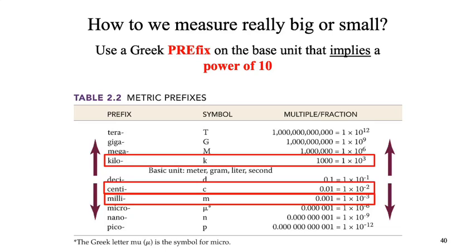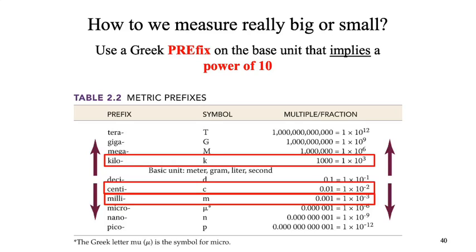Milli, 10 to the minus 3. With centi and milli, and for that matter kilo, we will encounter issues related to our past experiences with these unit systems when we really push into conversions. We aren't doing a whole lot of conversions today, so I don't want to push into that yet.